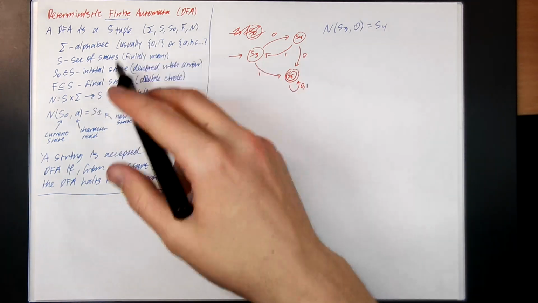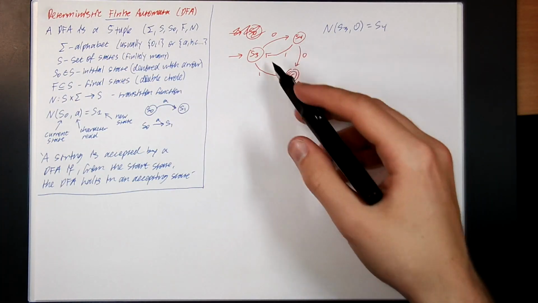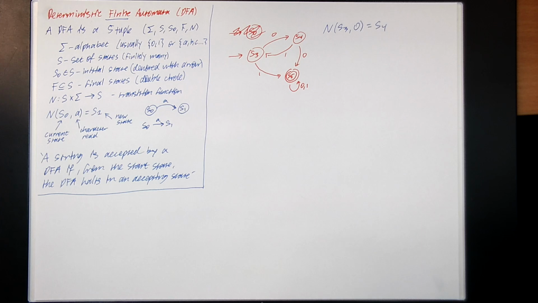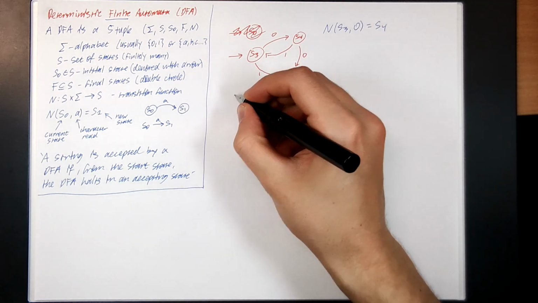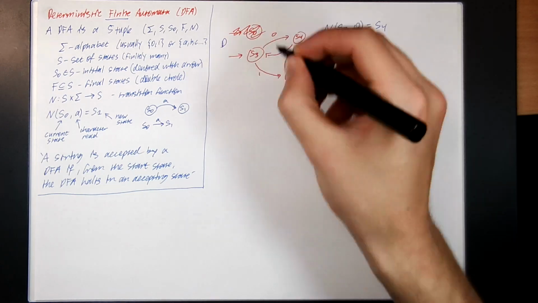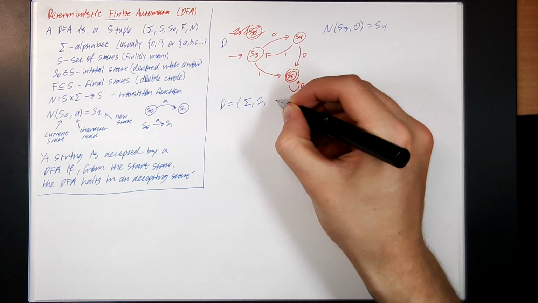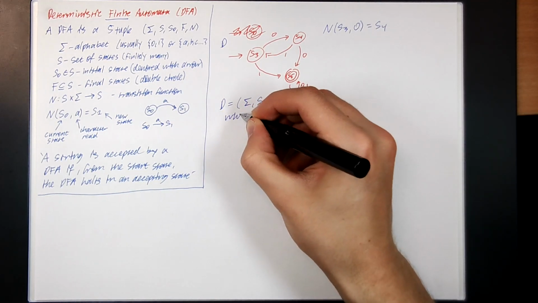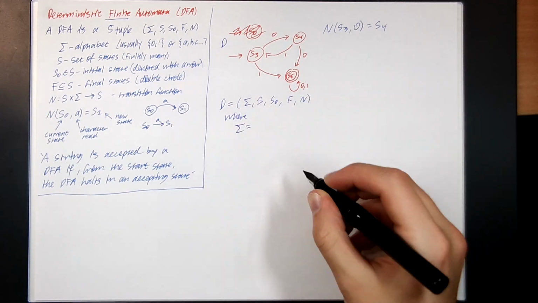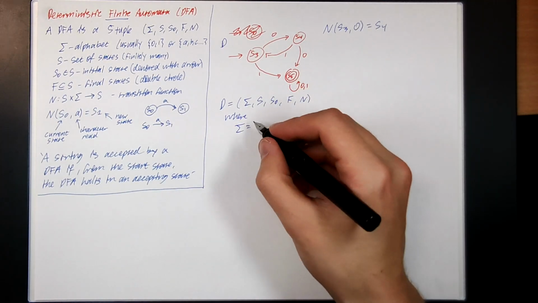And because this notation is quite clunky, we usually represent DFAs as little flowchart diagrams like this. So if we wanted to take this DFA and write it out formally, let's call this DFA D. This DFA D is equal to a 5-tuple, sigma, S, S naught, F, N, where sigma is the set of all characters that this DFA operates on, in this case only 0s and 1s.